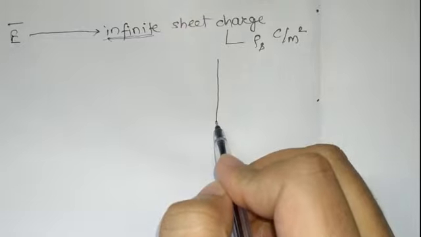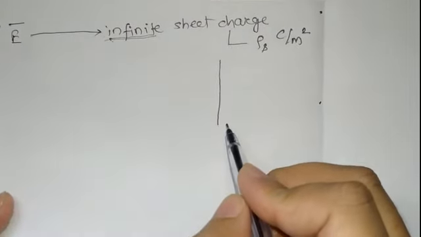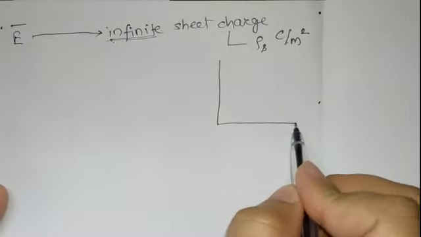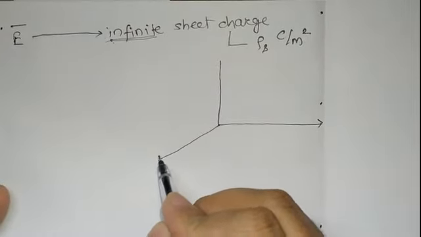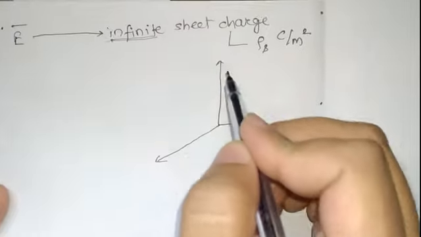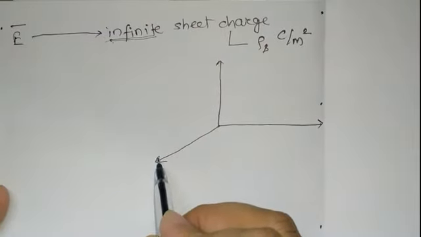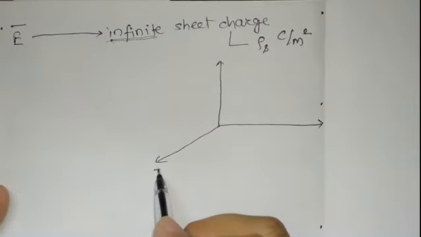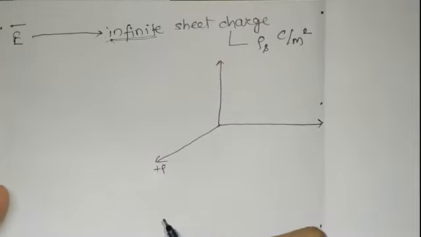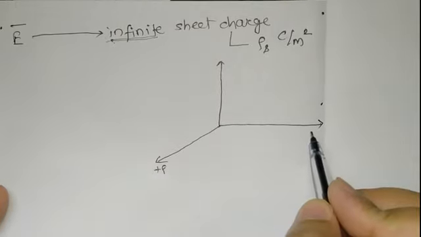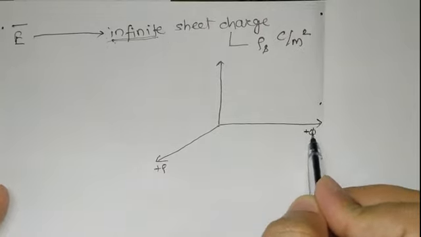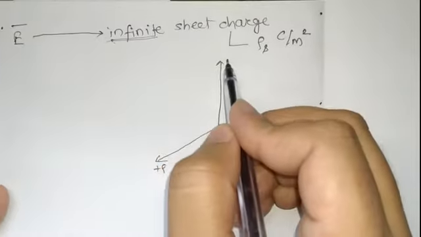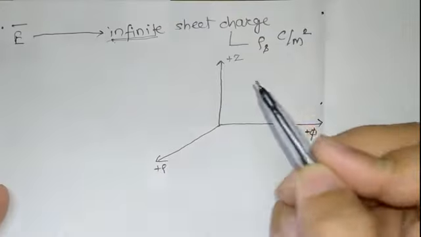So we draw a three-dimensional cylindrical coordinate system like this. This is what was earlier the plus x-axis, now it will be plus rho. Earlier this axis was the y-axis, now it will be plus phi, and this axis remains z.